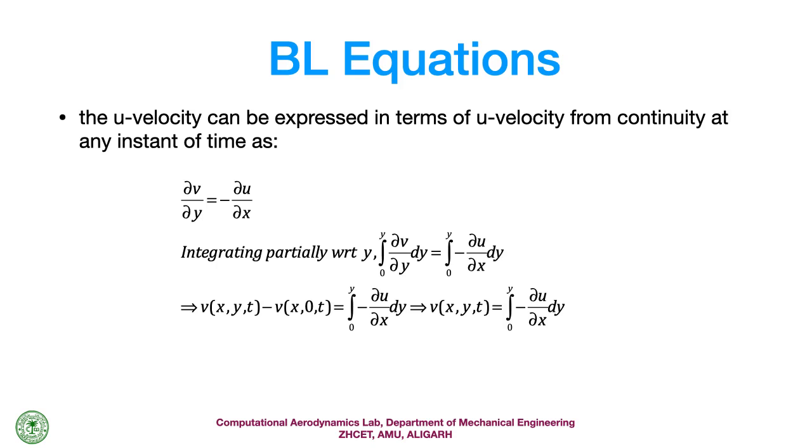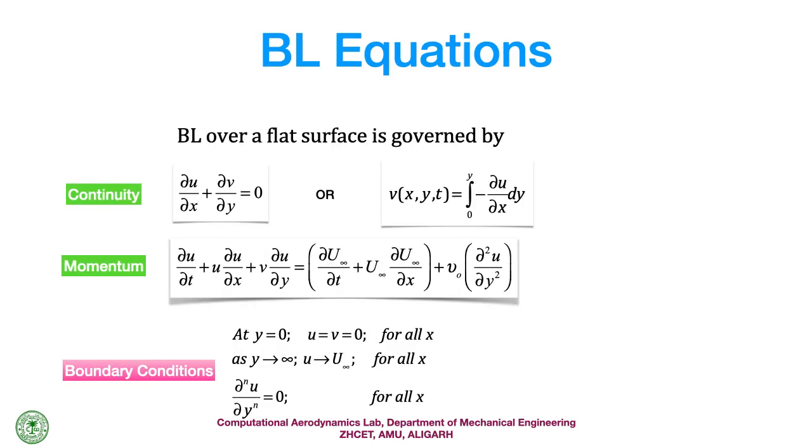So instead of using the continuity equation in differential form, we can use the integral form for the vertical velocity. So then the final boundary layer equations in a Cartesian coordinate for a flat surface are given like this.